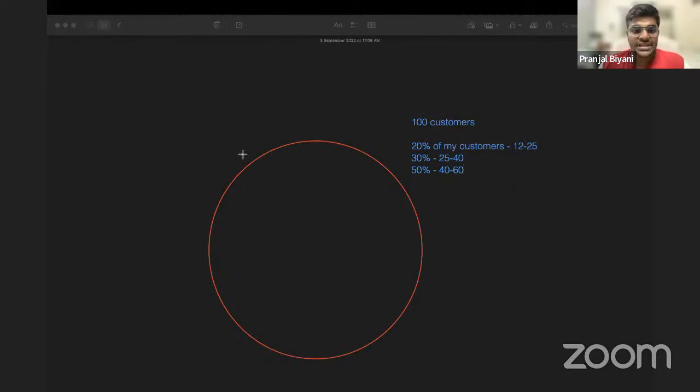And how can I represent that? I can simply draw a straight line here. This entirely will be my 40 to 60, because it covers 50% of my data. Then the remaining 50% will be split into 20 and 30%. It would look somewhat like this.